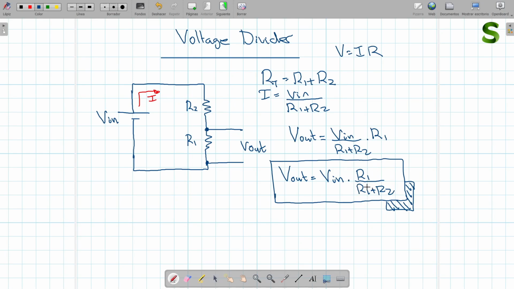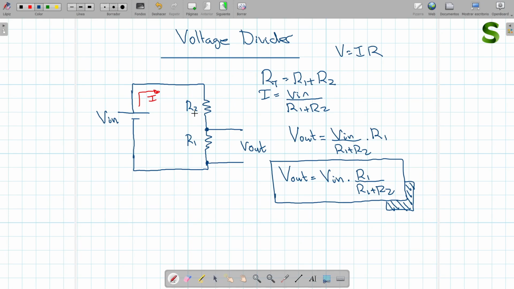The smaller it gets, as we multiply by V in, the V out is going to be less than V in. So by increasing R2, we obtain a smaller voltage in our V out than we had in our V in. It's an easy way to reduce our voltage, and that's why they call it the voltage divider or potential divider.